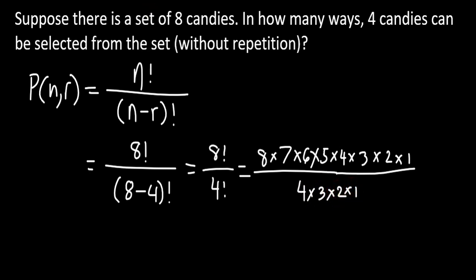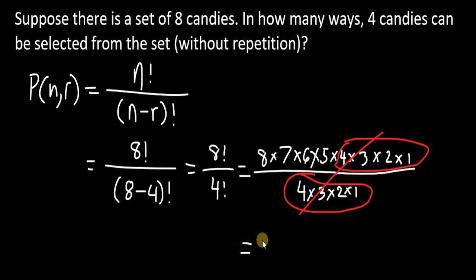Okay, napapansin nyo ba dito? May pagkakapareho sila. So, that is 4 times 3 times 2 times 1 ay pareho sa denominator. So, pwede lang natin tanggalin yan. I-cancel natin yung dalawang yan. So, that is just equal to 8 times 7 times 6 times 5.